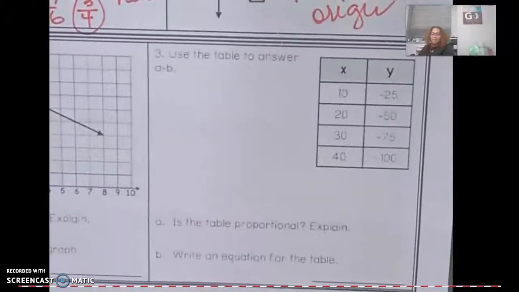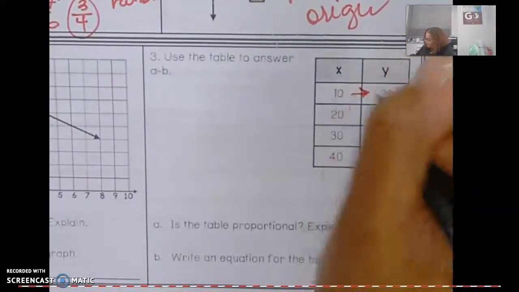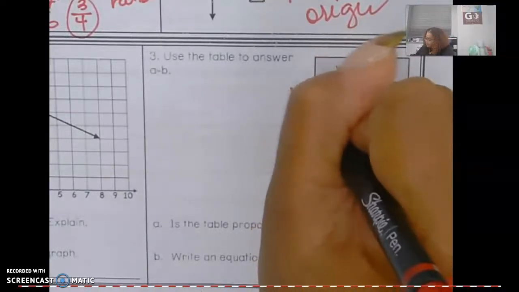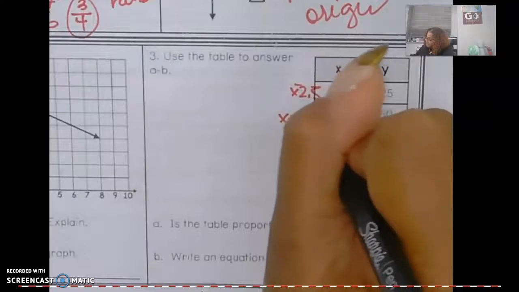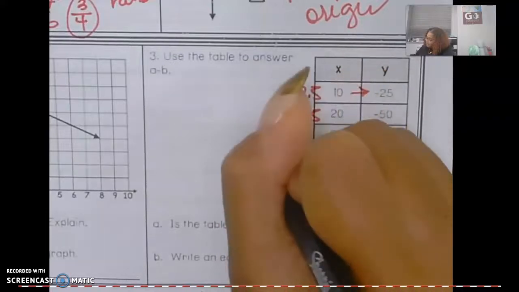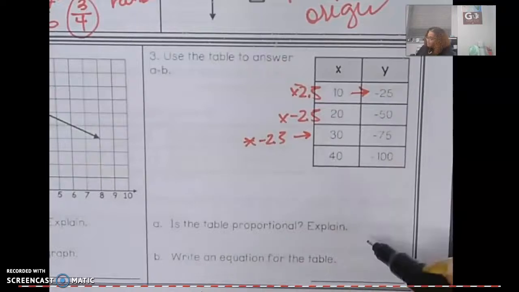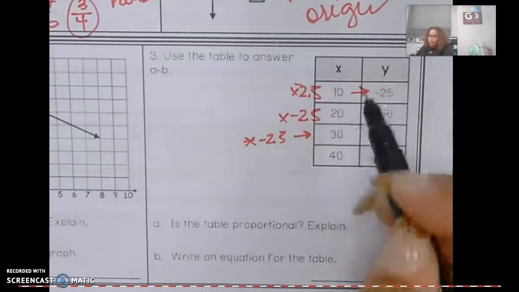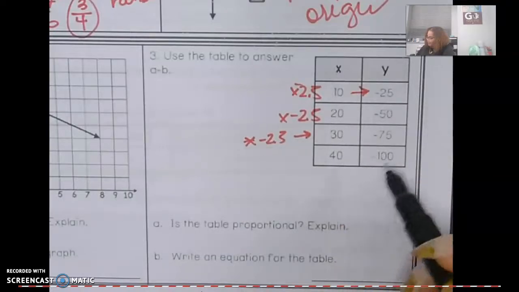Use the table to answer number 3. Is this proportional? Explain. Am I doing the same thing here each time? 10 to -25, this would be times -2.5, times -2.5, times -2.5. So using a calculator, is it the same relationship each time?